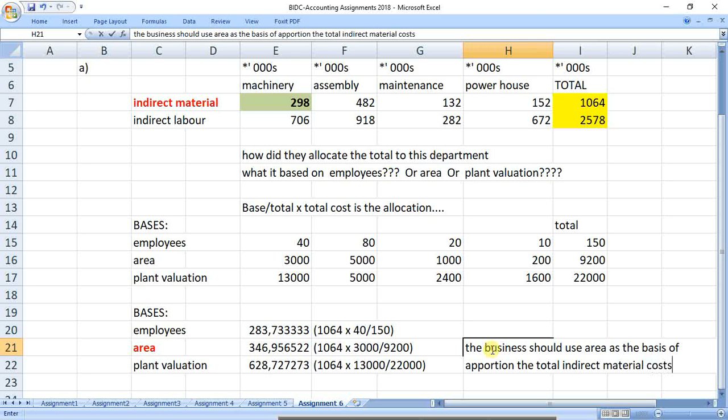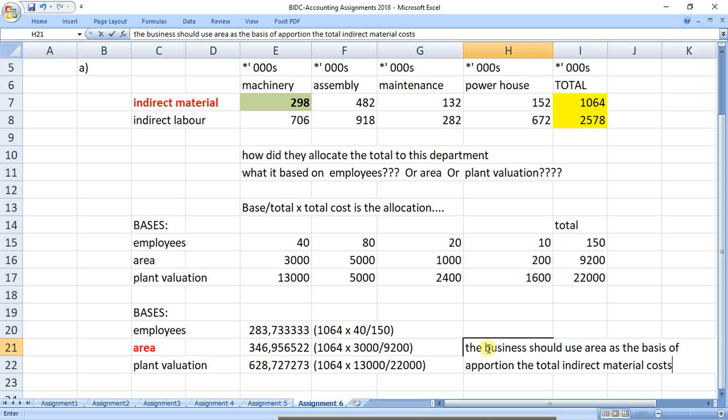Okay, that's what I'm saying. Okay, so I'm looking at what they've got. They've only allocated how much? 298. I think they should allocate more, because I think they should use area as the basis of the allocation. That's what I'm saying here.